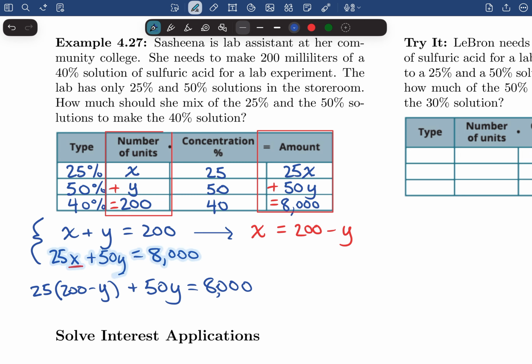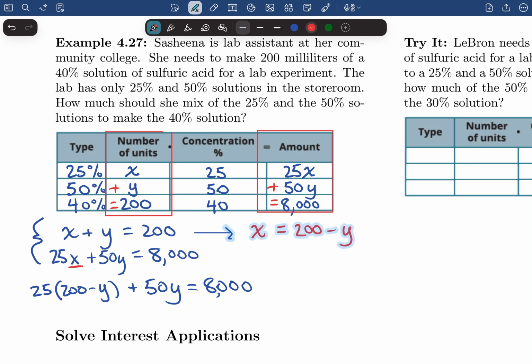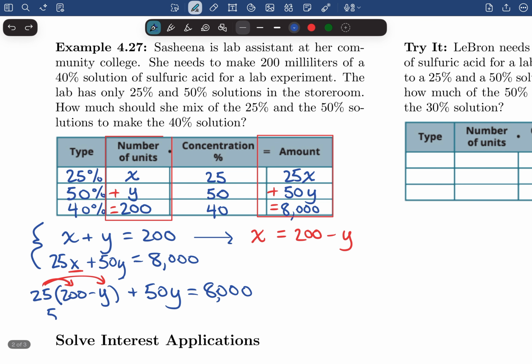And this is a linear equation that I have created with only one variable that I can solve for that variable y. And so I'll do it now. Here's where you think of your solution strategies for linear equations. So 25 times 200 gives me 5,000. Let me do it in blue. So 5,000 minus 25y plus 50y equals 8,000. Now I'm going to move the constants all to one side.